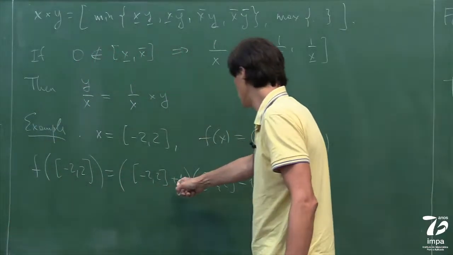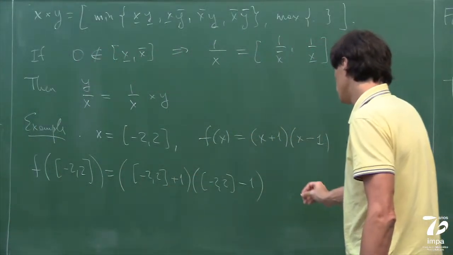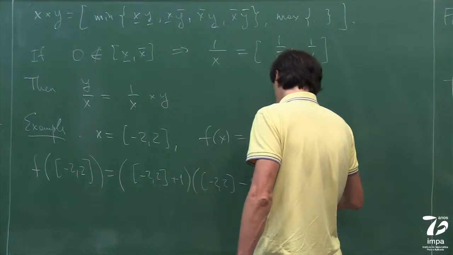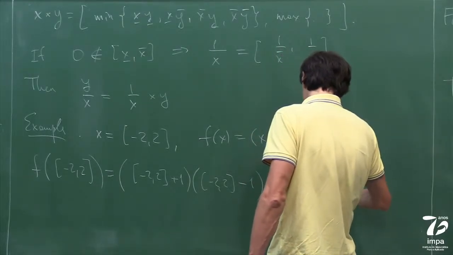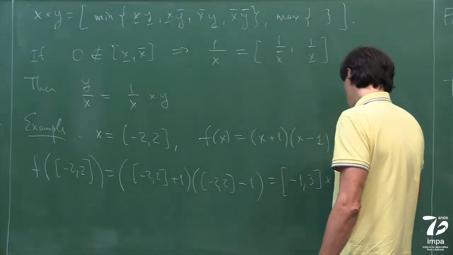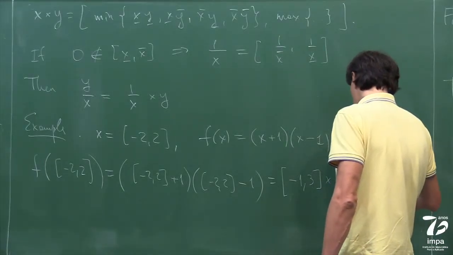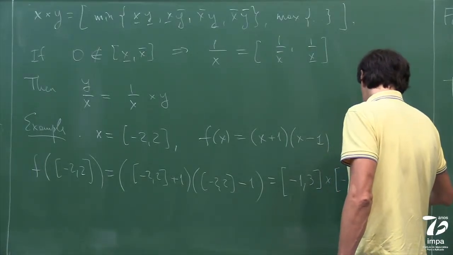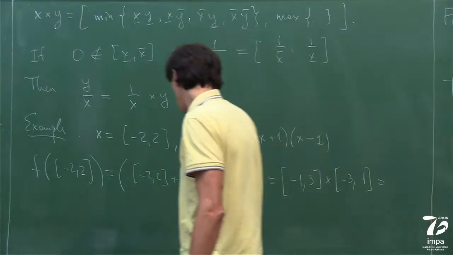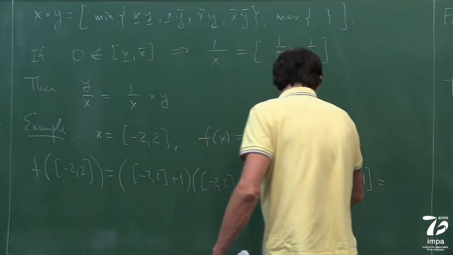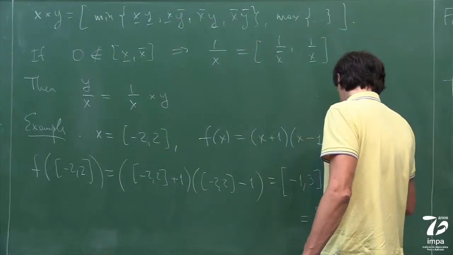This is an exact interval, so you just add it inside. And now you use this expression, so the smallest will be minus 9, right?